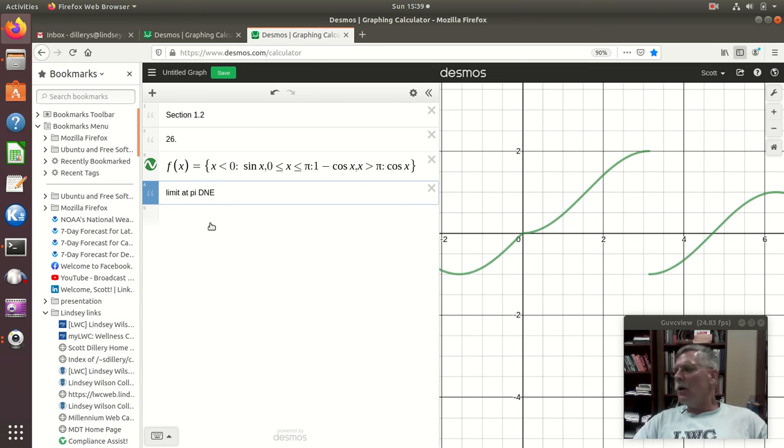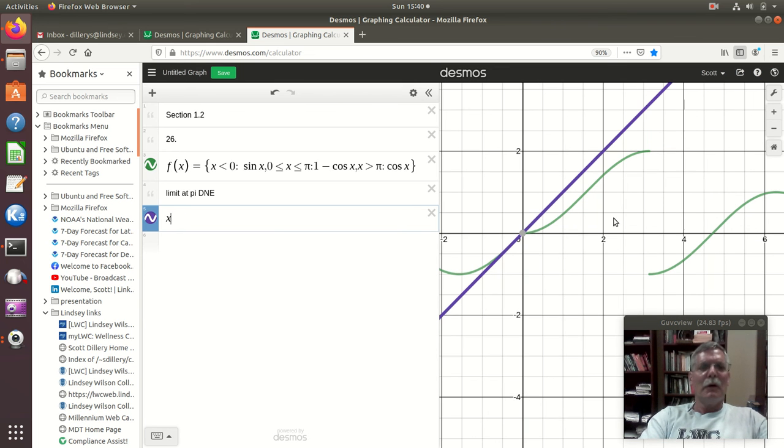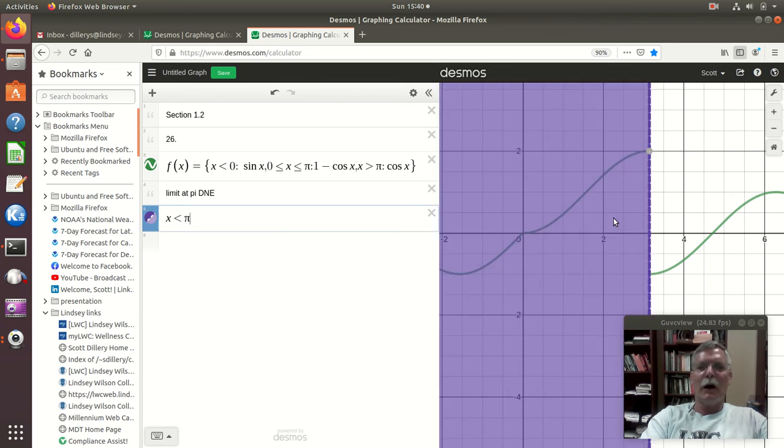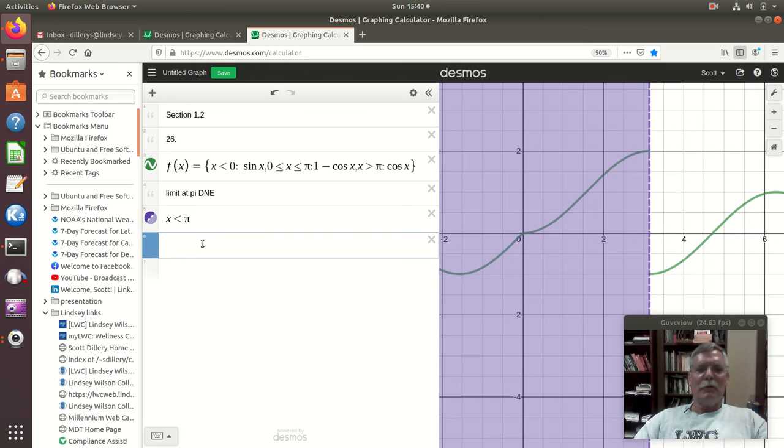Now, their question was, where does the limit exist for this function? And so my answer would be something like x strictly less than pi. That's so everything in there, and then everything out here is fine, so that's x greater than pi.